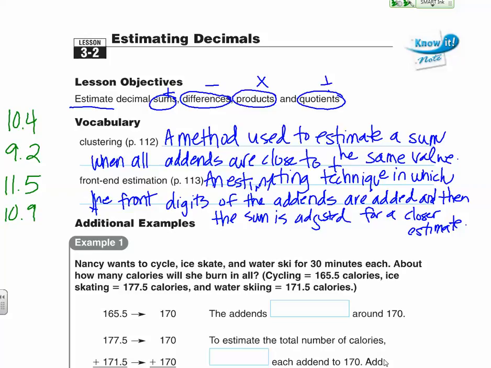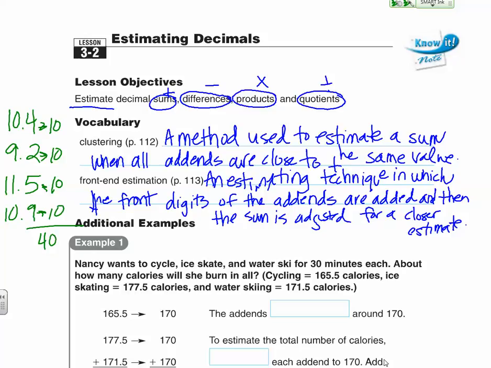So what I would probably do is all the numbers are pretty close to 10. So I would round this to 10, cluster that to 10, that to 10, and that to 10. Now we know if I were to round these to the nearest whole number, these obviously would not all round to 10, but clustering is a quick technique we use that if the numbers are close together, round them all to the same thing, and then we can quickly know that this estimation would be 40.